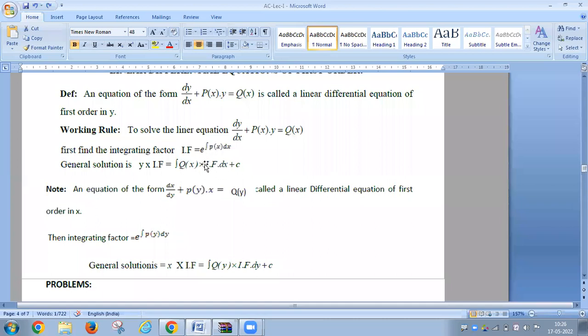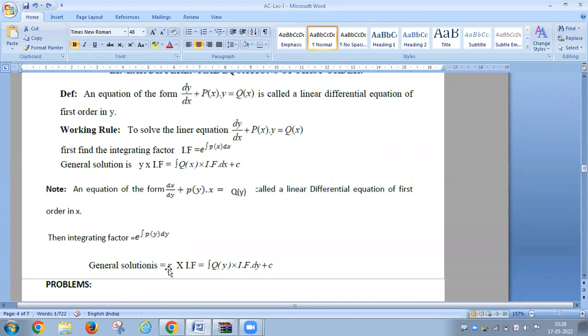In the case dx by dy plus p into x equal to q, x is the dependent variable and y is the independent variable. So we have to integrate with respect to y, e power integral p dy.